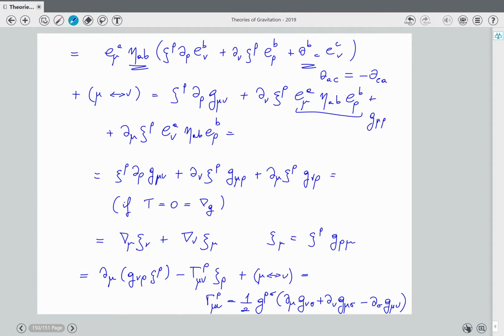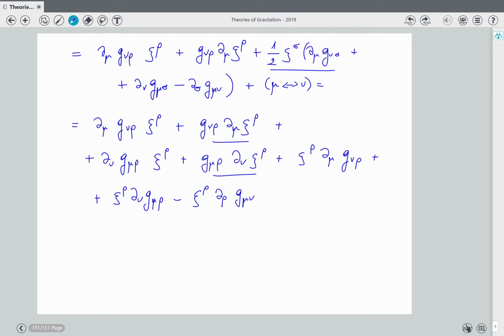Because remember that the covariant derivative is basically d plus gamma, but gamma has those two indices, so if you act on an upper index you have plus, otherwise you have minus. So let's see if this gives the right result.